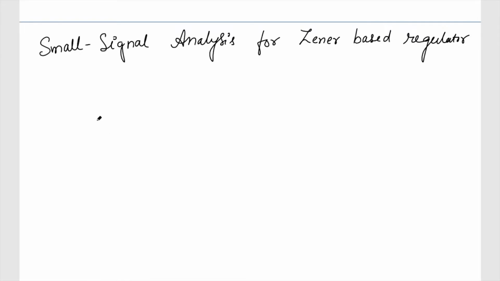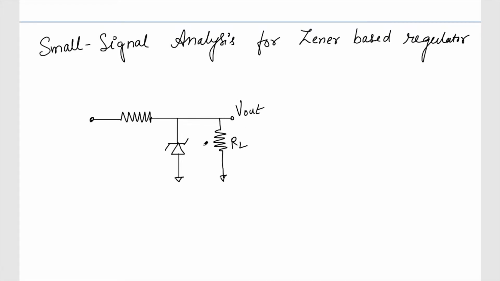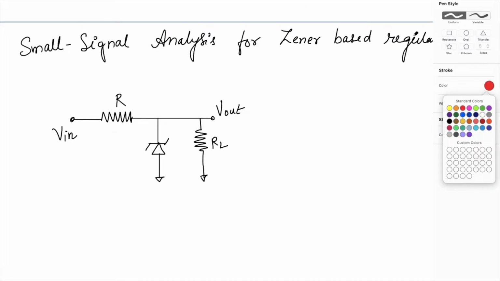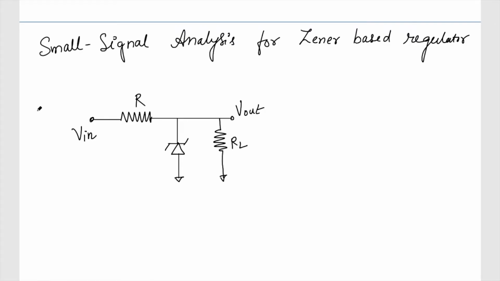Okay, so what we have seen is, this is my V out, and let's call the voltage at this point V in, and this is a resistor R, and we have seen that the input to this regulator is maybe something like this, right? A triangular wave going from, maybe let's call it, 10 volt to 8 volt.